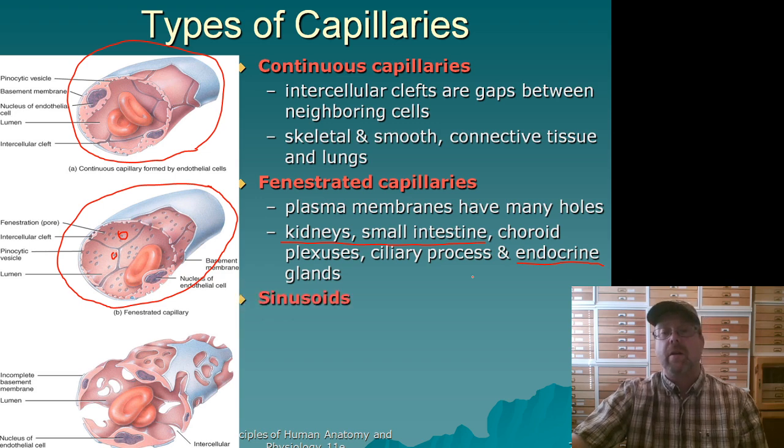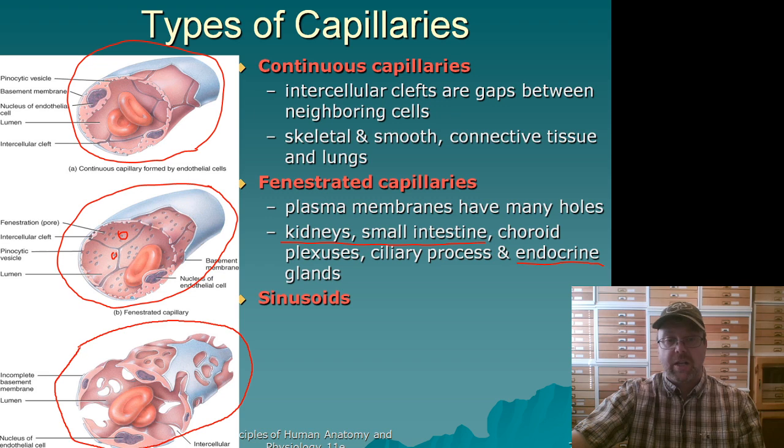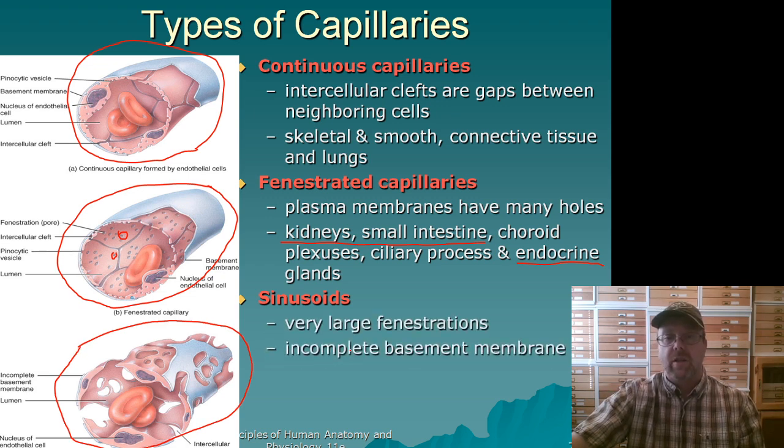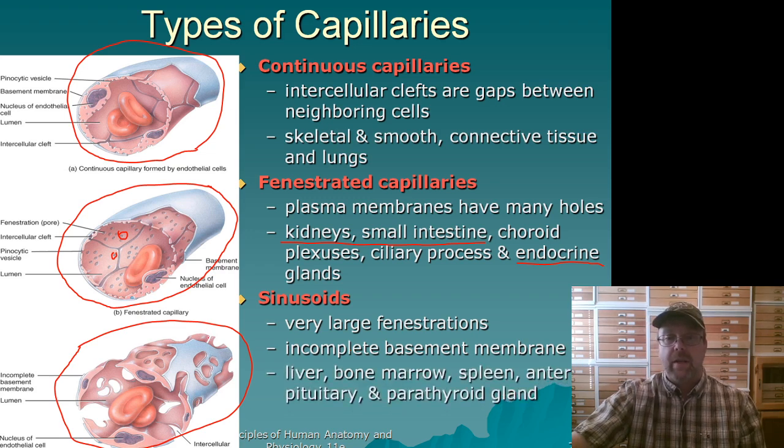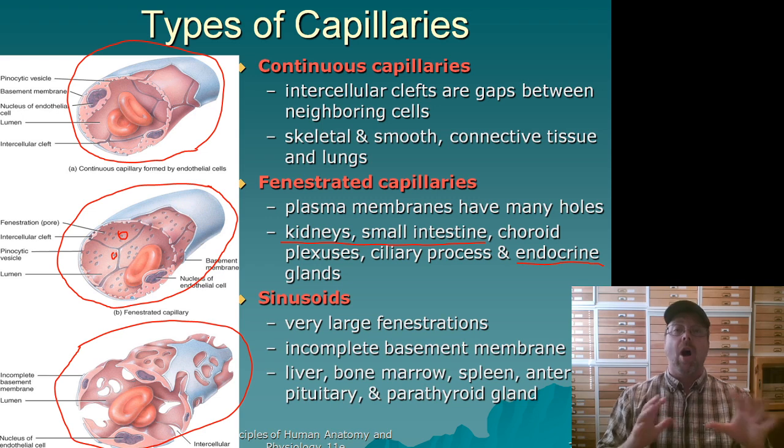Now our third type of capillary is called a sinusoid. And sinusoids have huge Swiss cheese holes. So it says they have very large fenestrations. Their basement membrane, this membrane that holds everything together, is incomplete. And they are going to move large things, maybe even entire cells, like entire red blood cells.